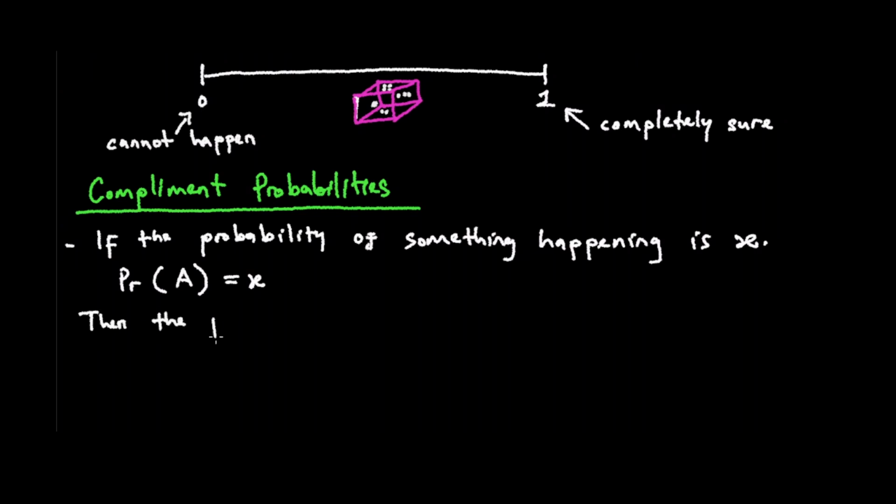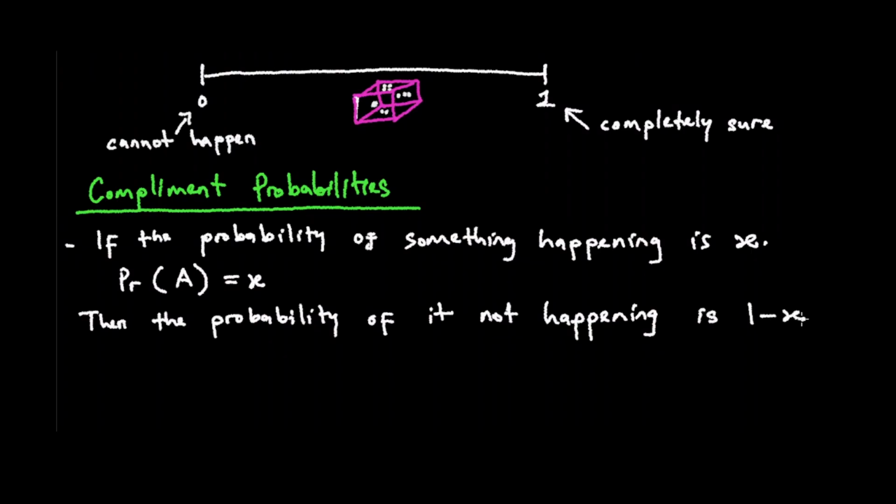the probability of it not happening is 1 minus x.